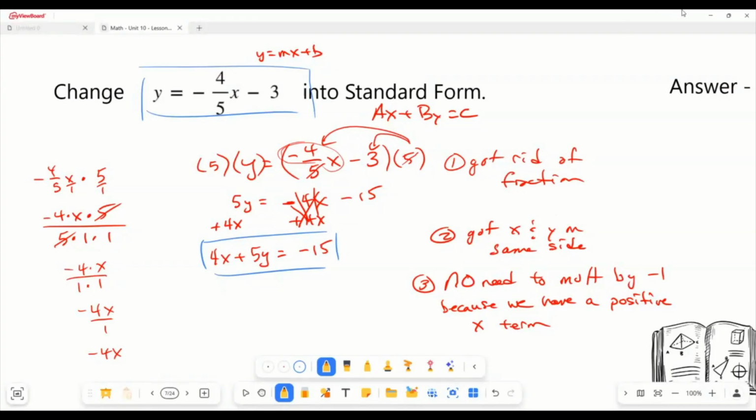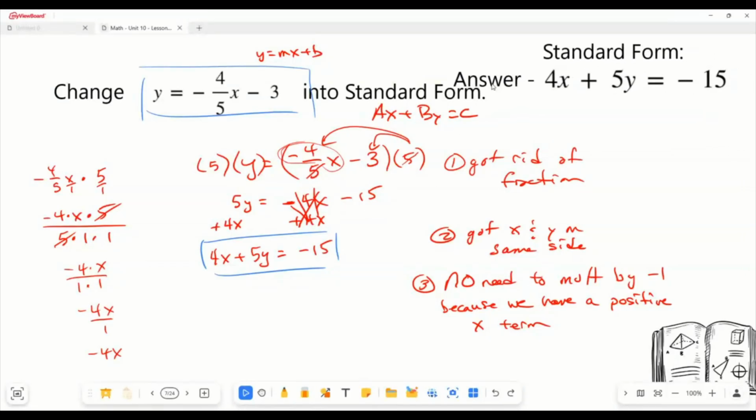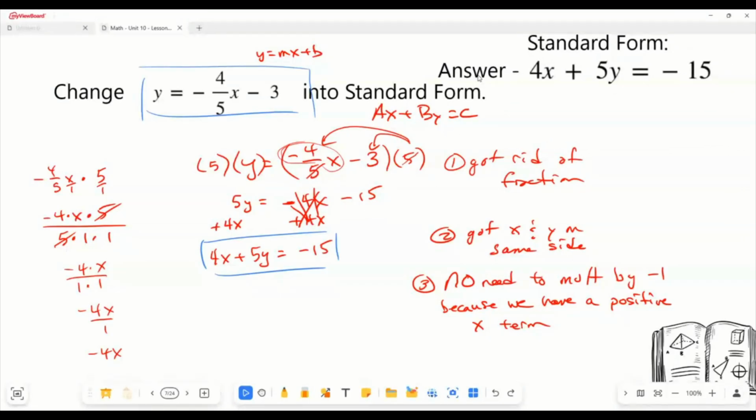And we can check our answer here. Whoops, that's not right. Okay. 4x, that right there is not a negative sign, that's just a dash. 4x plus 5y equals negative 15.